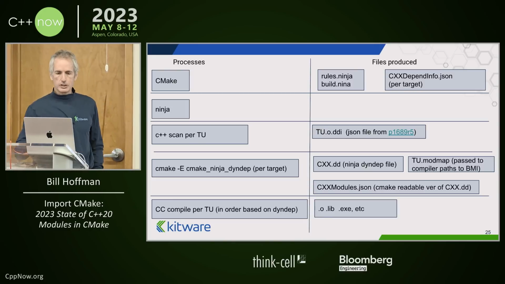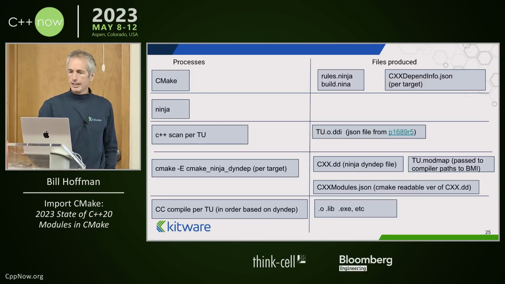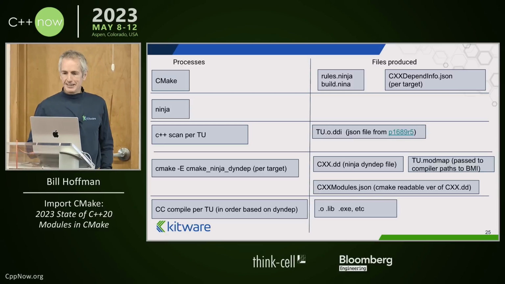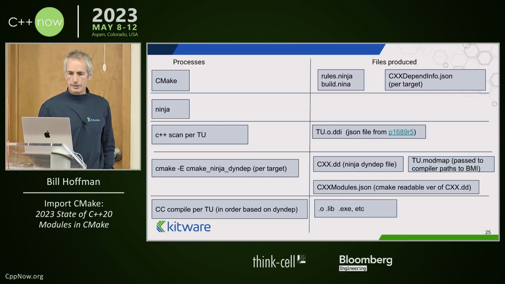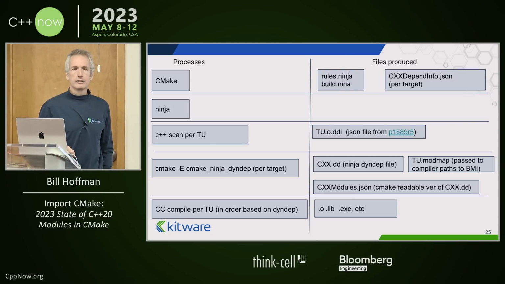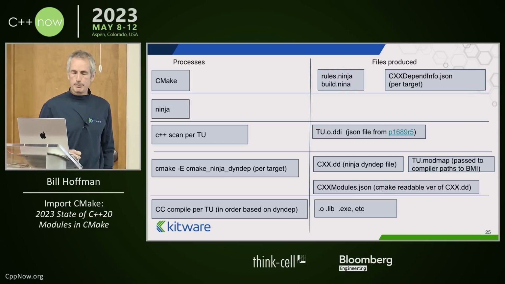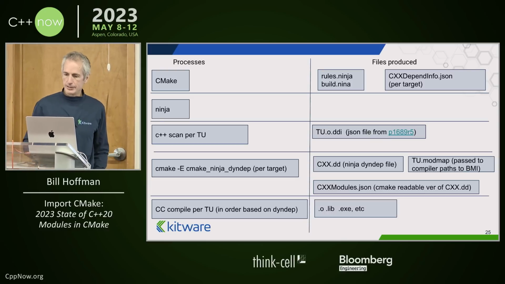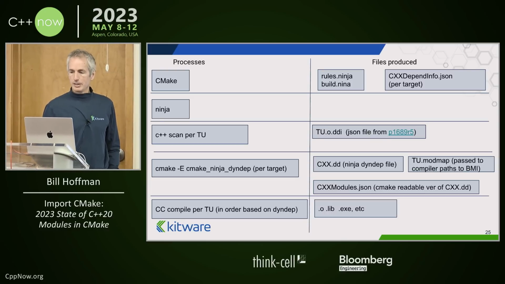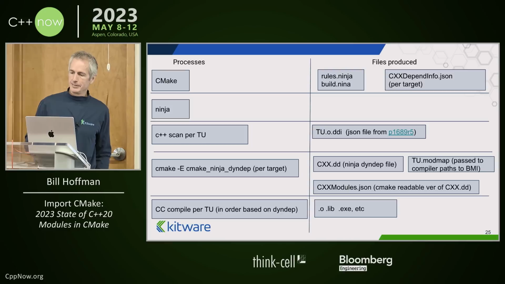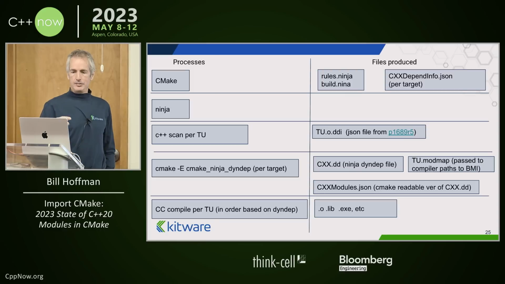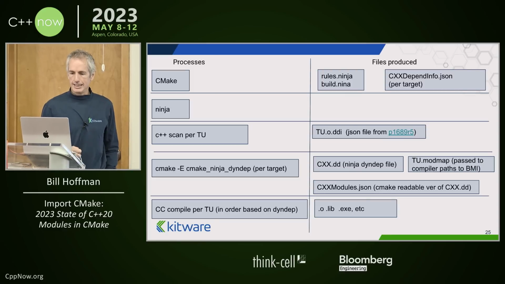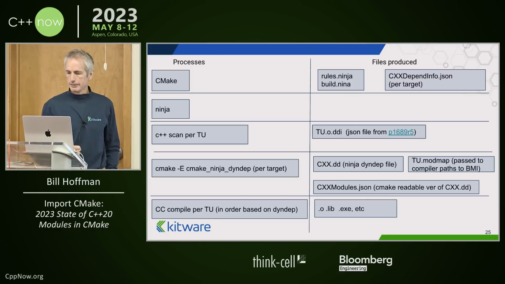The quick overview of this process: CMake runs, that generates the build files, a dependency JSON file per target. Then Ninja runs, and that causes the C++ compiler to scan each of the translation units and get one of these P1689R5 JSON files. And then once that's done, CMake runs the dynamic dependency on each target.